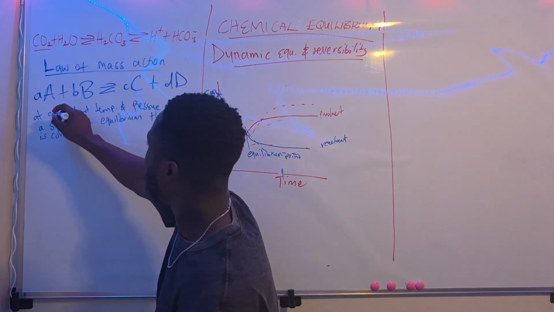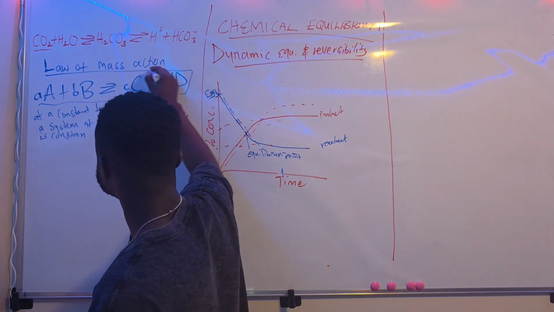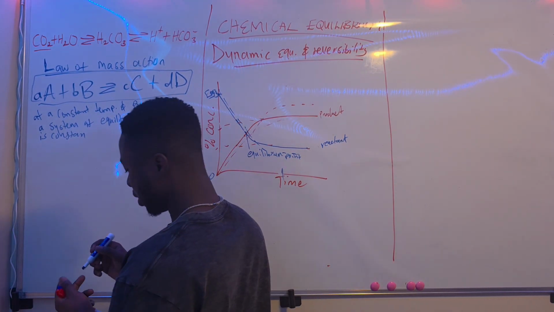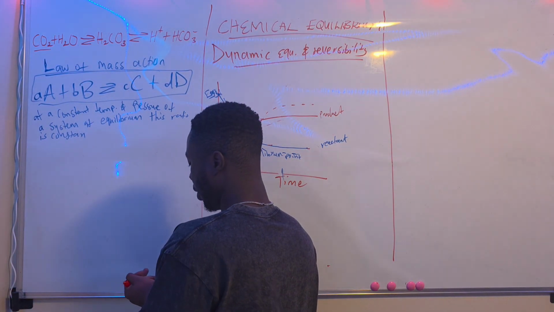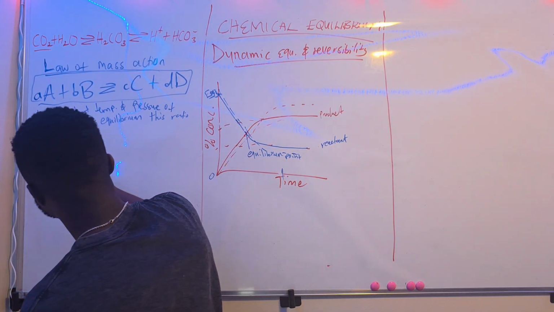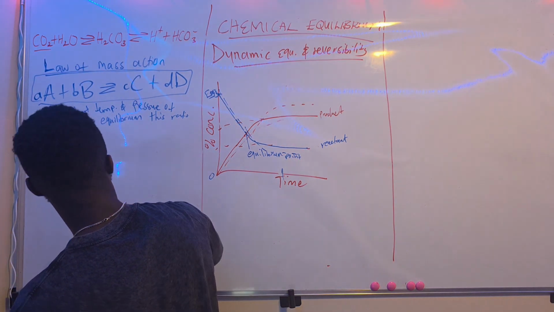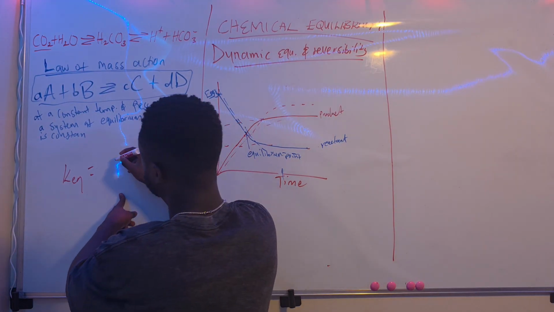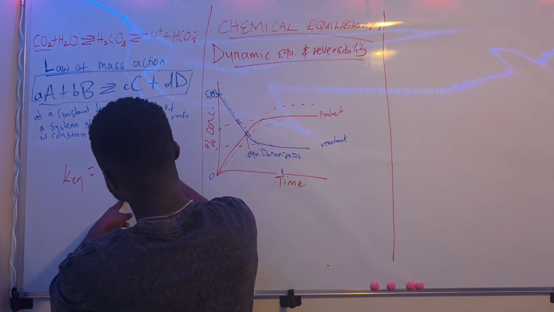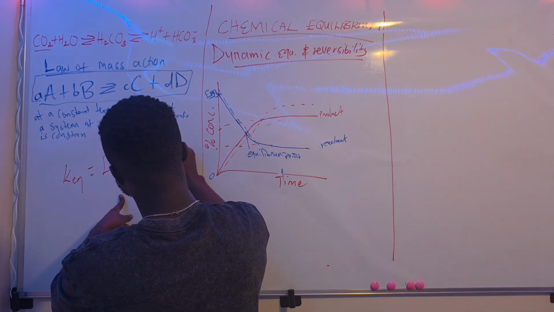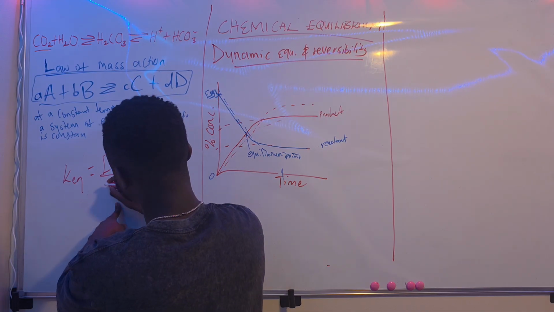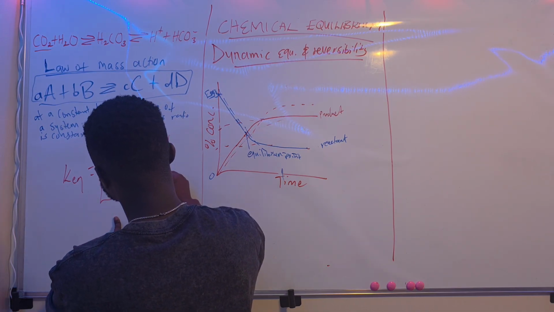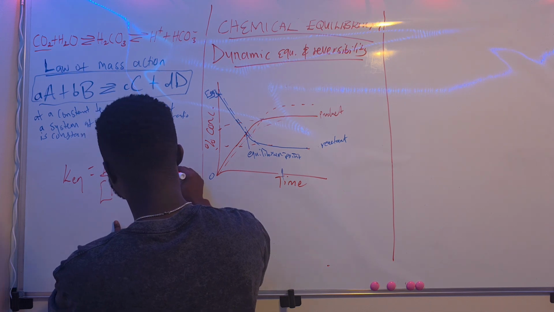Now we are assuming that this equation is our system. This ratio being constant is the equilibrium constant, which is K equilibrium. The equilibrium constant is equal to [C] to the power of c, [D] to the power of d, all divided by [A] to the power of a, [B] to the power of b.